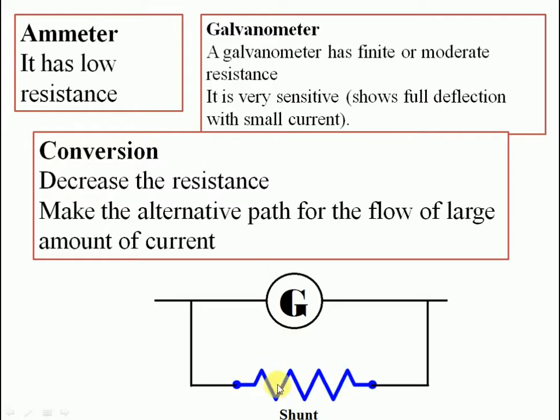We call it shunt resistance, and we know in parallel combination of resistances, the total resistance of a system decreases, so we connect a very small resistance parallel to the galvanometer, and this system will work as an ammeter.